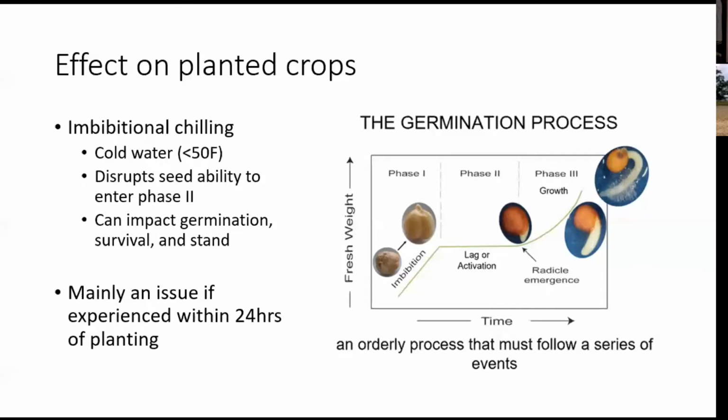And so if you can't really mobilize things the right way, or the cell membranes get ruptured because the water is a little bit too cold, things don't go very well, and it could affect vigor and stand and potentially emergence viability. The good thing about this is it's really only an issue if that cold water imbibing is experienced within 24 hours of planting.